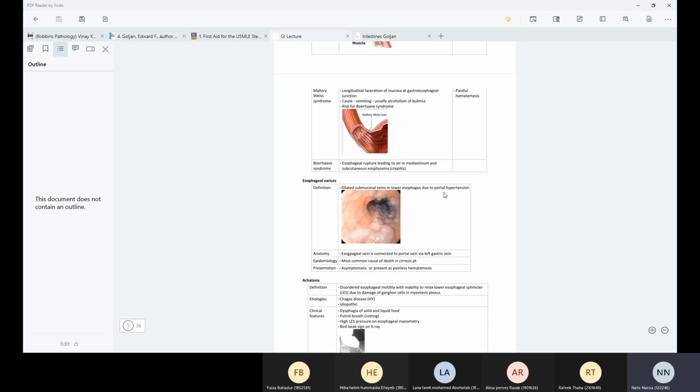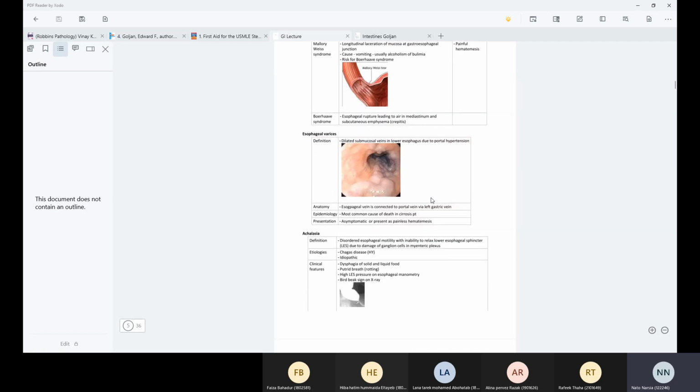If a patient has portal hypertension, they always have these dilated esophageal veins, and it is esophageal varices. If you find portal hypertension, guys, don't write Mallory-Weiss syndrome there. Don't think about Mallory-Weiss syndrome. It is possible that both patients can be alcoholic, but still pay attention to the portal hypertension.